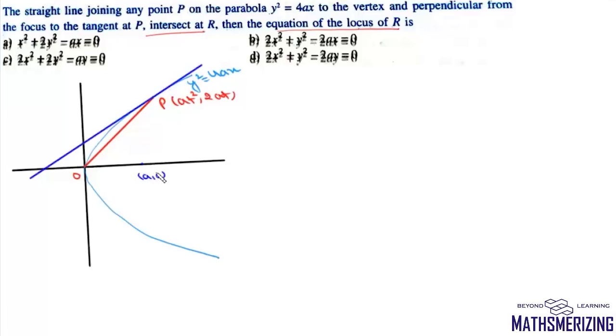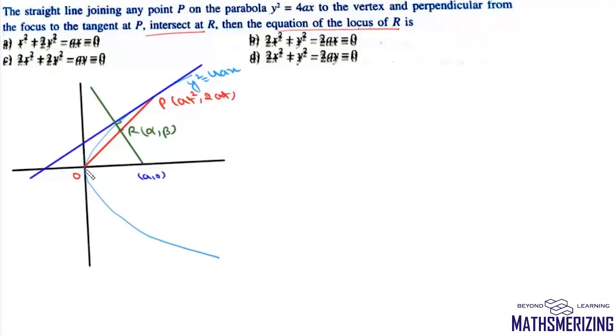So a line from the focus and perpendicular to this tangent intersects at this point R. We need to find the locus of this point R. So what we'll do is, let's say this R is (alpha, beta). So we need to find the relationship between alpha and beta, and we need to eliminate this parameter t.